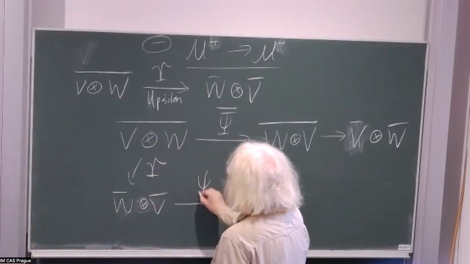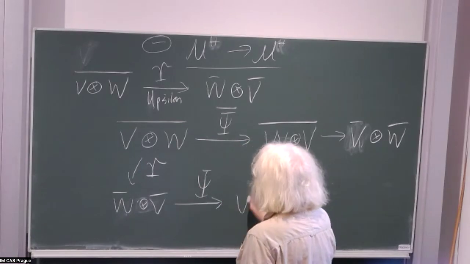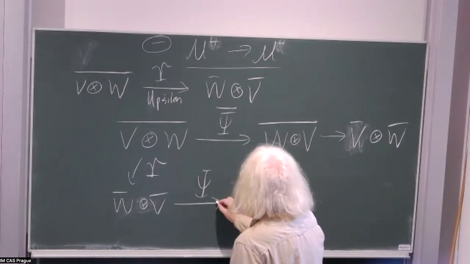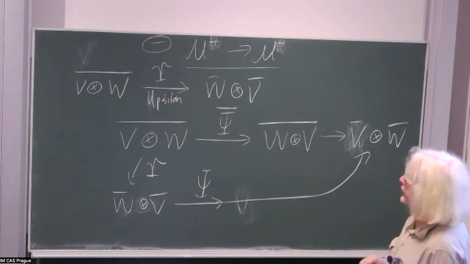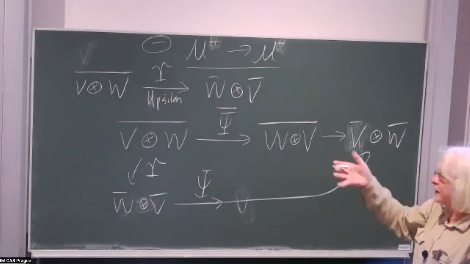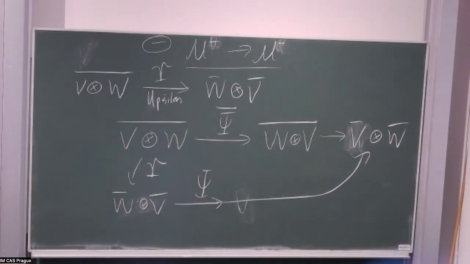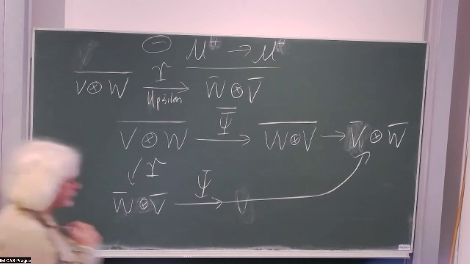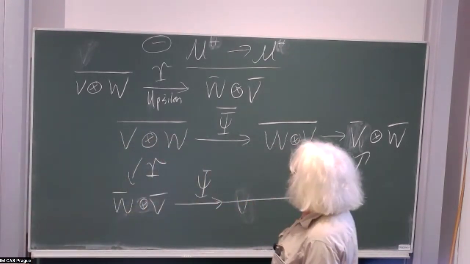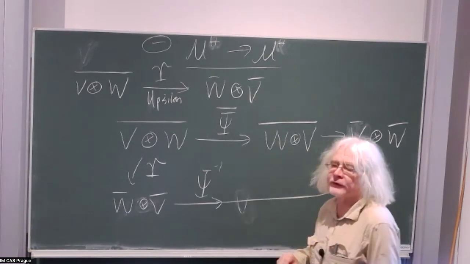Now, this will have a braiding itself. That goes to V bar. Well, basically, that goes to that, if I'm correct. And this will work because of this reality condition here. Another thing we could have had, for another choice of anti-real condition, is that this could have been a braiding inverse.